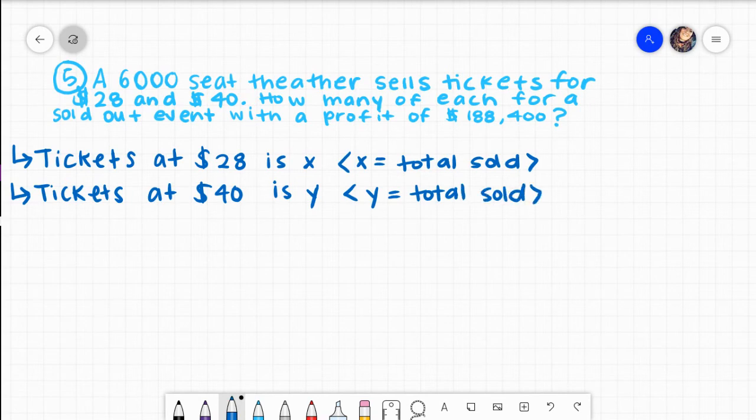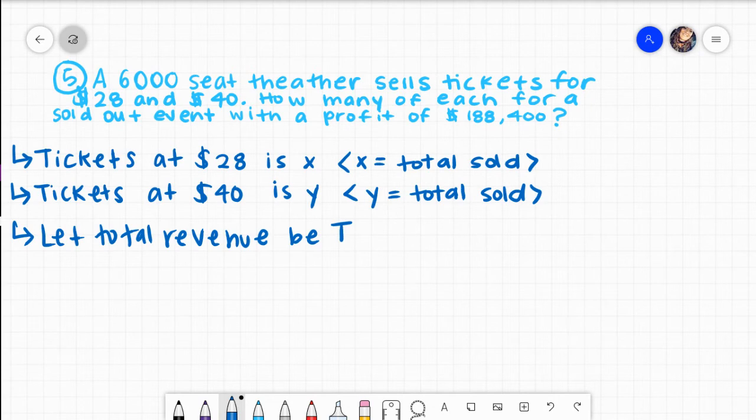Another thing that we're going to do is we're going to let total revenue be T. Okay, it's the total. Now let's go ahead and let's put this into a certain form.